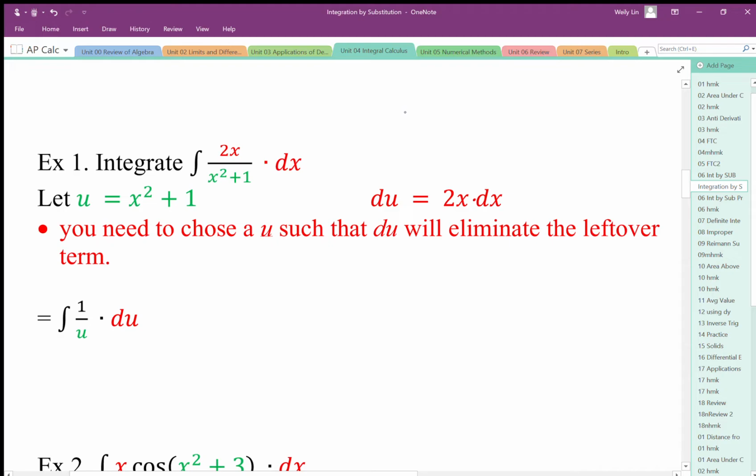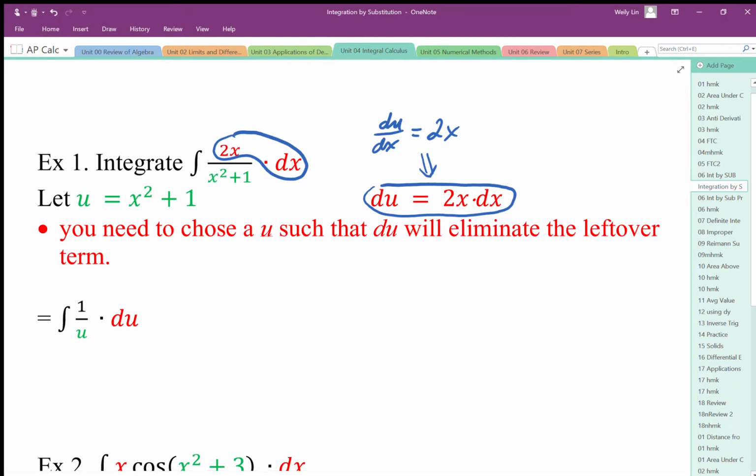And when we differentiate that inside function, du by dx, we end up with 2x. And if we do an algebraic rearrangement, move the dx over to the other side, we generate du equals 2x dx. So this is a key to doing this, in that we've now chosen an inside function, the x squared plus 1, where its derivative, when we rearrange it, du, accommodates the expression that is on the outside of that 1 over x function. So that's kind of the key.